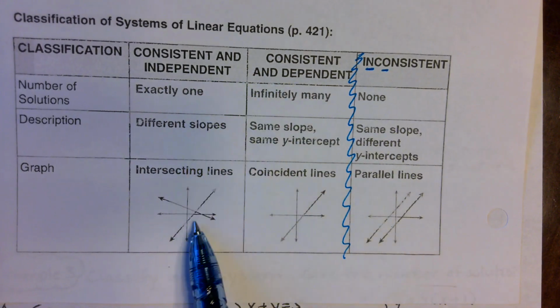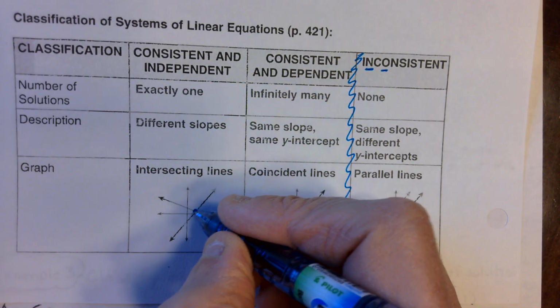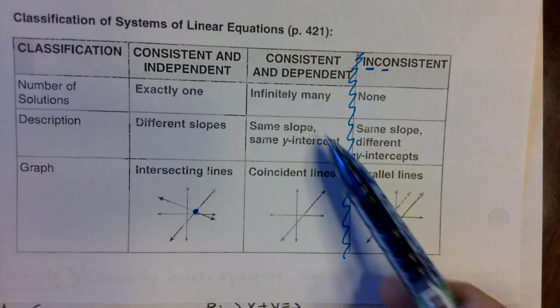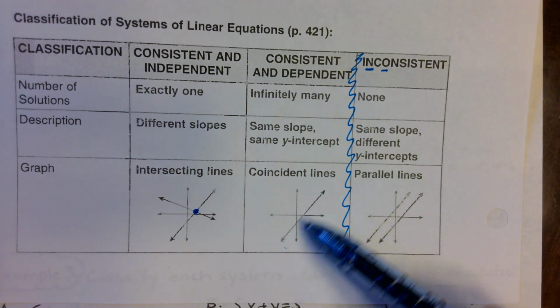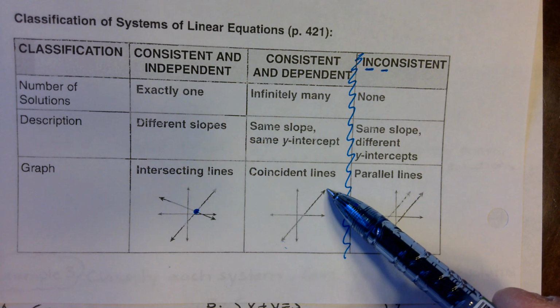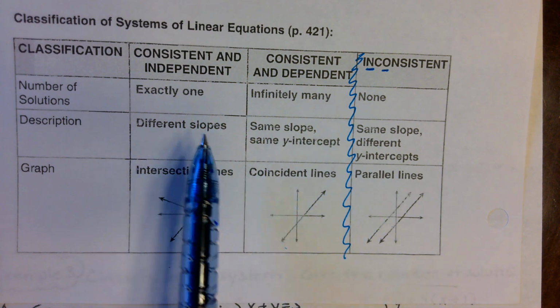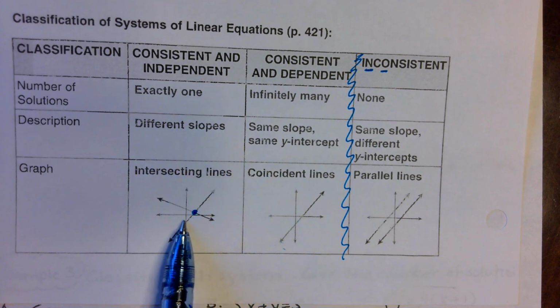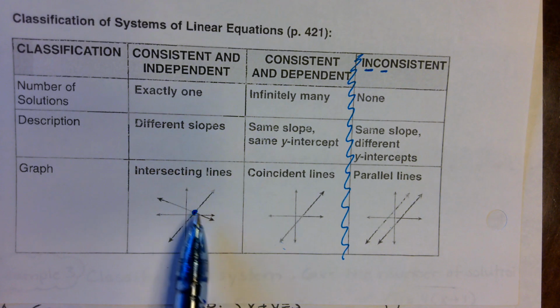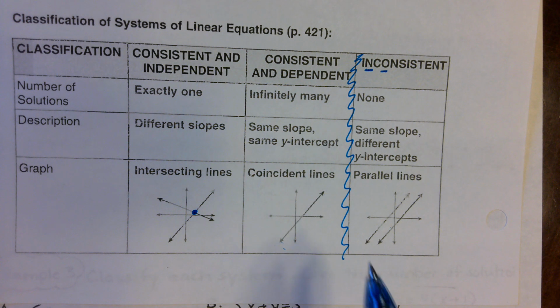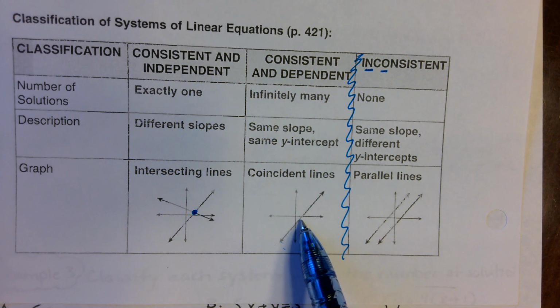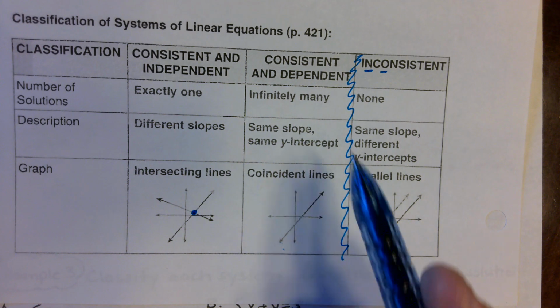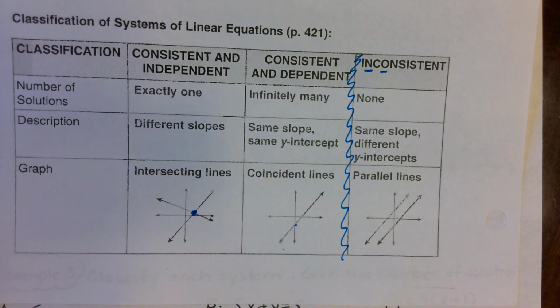In this case, they just have the one where they cross. But in this case, they have infinitely many because they overlap. As far as the description, these have different slopes. One's positive, one's negative, they'll be the opposite there. Whereas here, these two have the same slope and the same y-intercept because it's the same line.